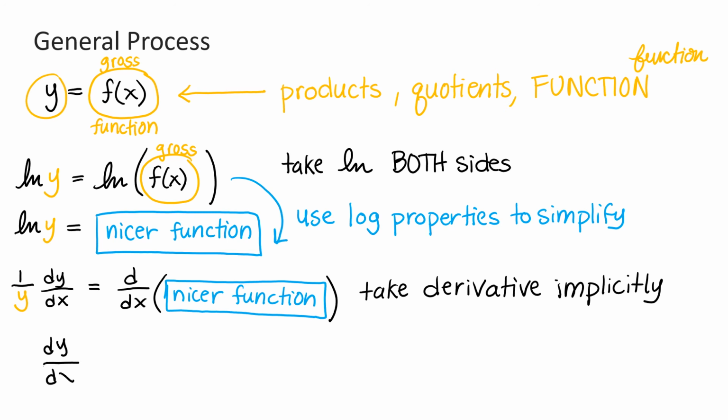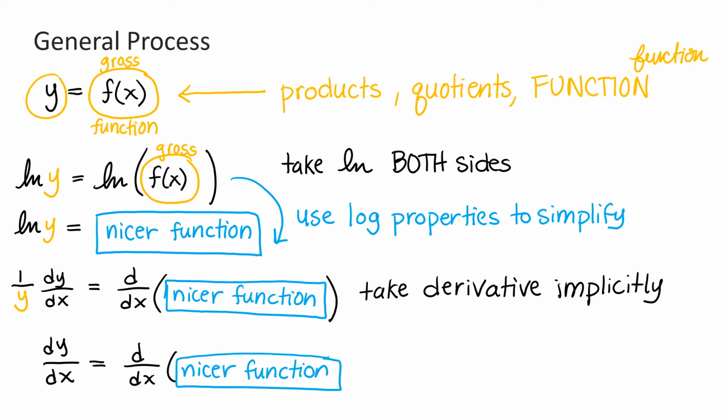Multiplying both sides by y, we end up with dy dx is equal to the derivative with respect to x of our nicer function times y, but we know what y is. y is equal to our gross function f of x.